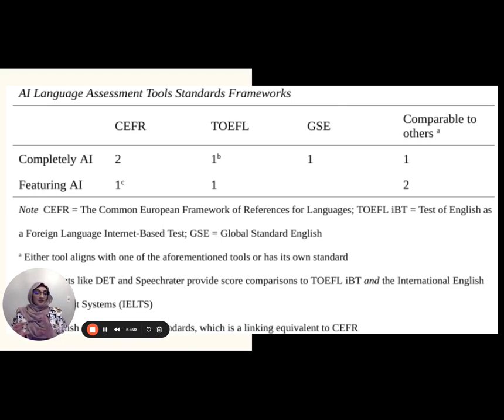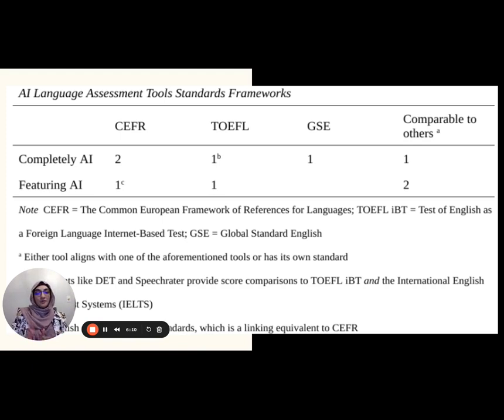The assessments are also broken down by the scoring standard framework that they use. So many of the tools are categorized by one scoring standard, but some of them do indicate that they align with other standards.